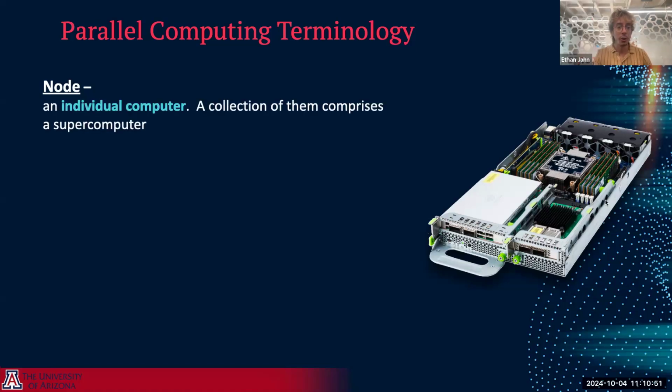So a node is an individual computer. Oftentimes the word node gets confused with a CPU. In this case, a node is actually an individual computer capable of standalone functioning on its own. And the node contains a CPU chip, a central processing chip, on which there are multiple processors, right?